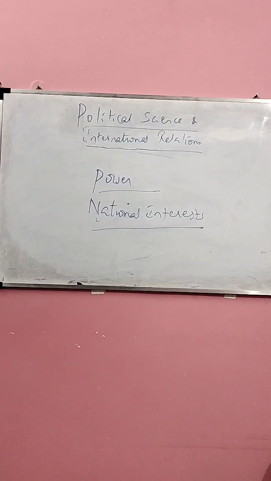Now, this state actually reflects the instinct of a human being, is it not? Scholars who follow the organic theory, organic school, they consider the state as an organism. Naturally, the state will try to satisfy its interest first.